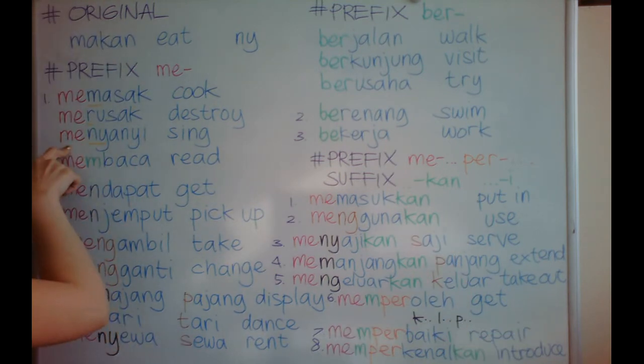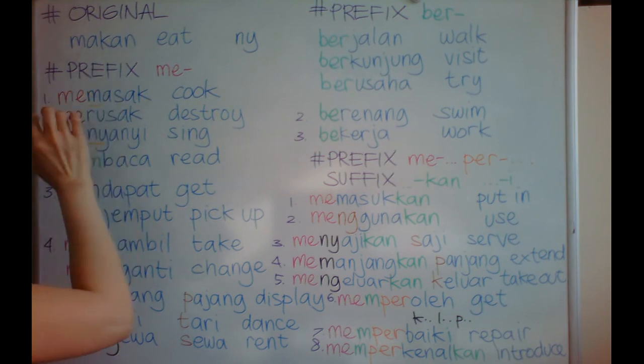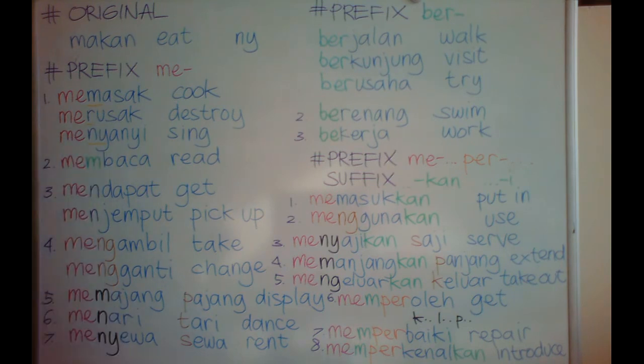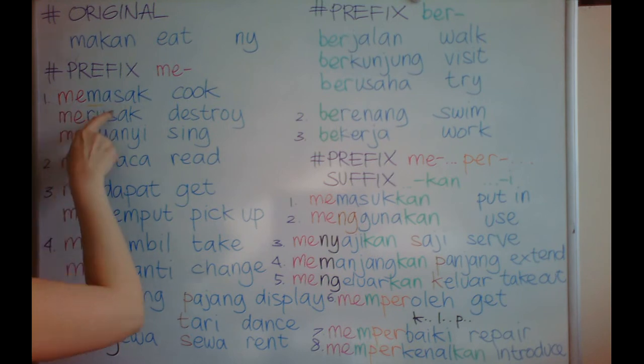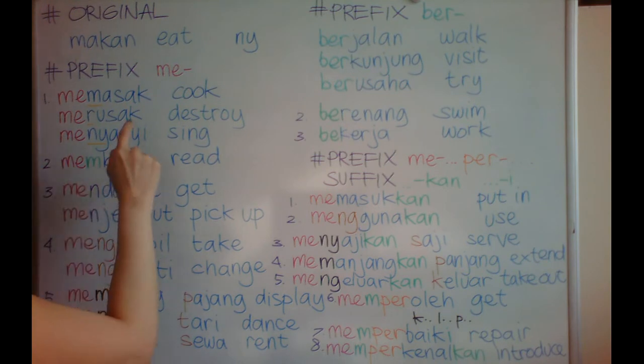So if it starts with M, R, or ng, we put the prefix me. Memasak, cook. Merusak, destroy. Menyanyi, sing.